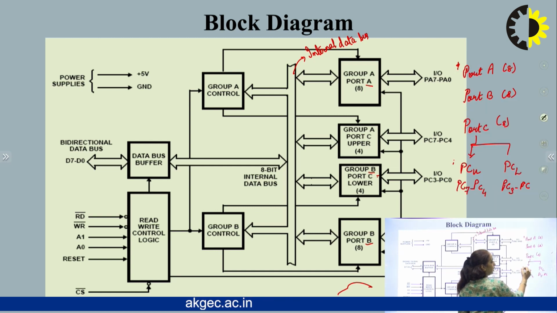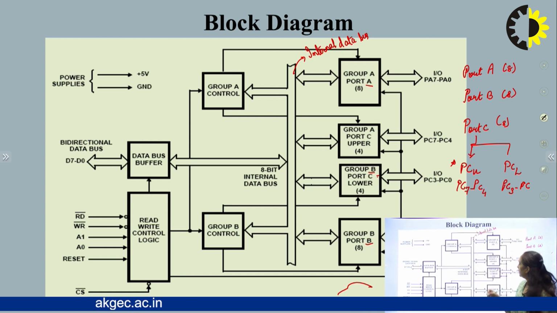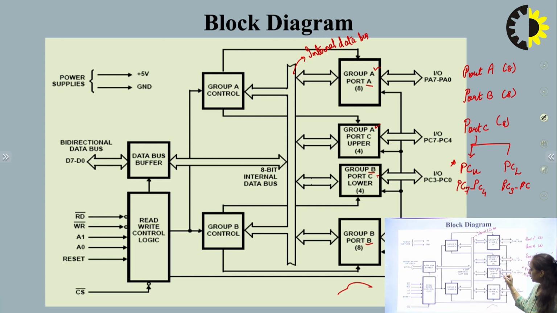Port A and port C upper are combined to form group A. So group A contains port A and the 4 bits of port C upper, and group B contains port B and port C lower. To control group A, we have the group A control, and to control group B, we have the group B control.